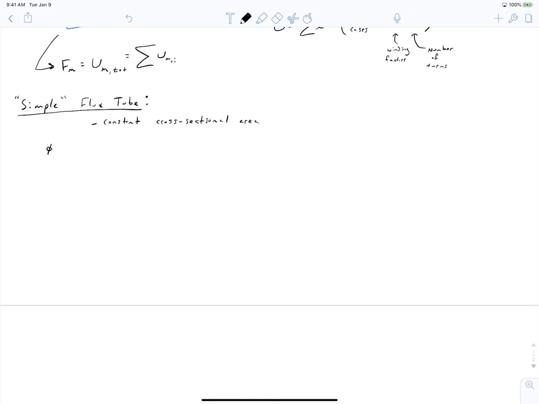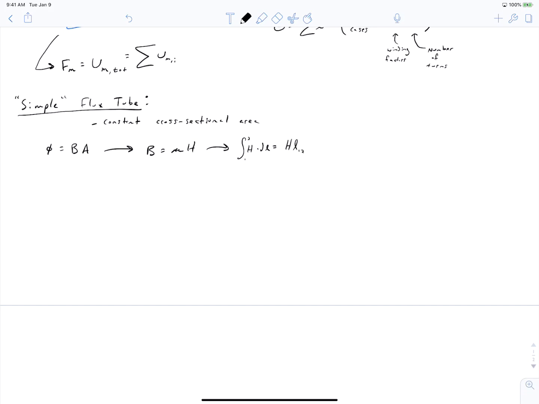In this case, we can relate our flux tube flux as being equal to B times A at any location, because there's only a single cross-sectional area A, and so throughout the flux tube, we can always find B by dividing phi by A. And we know that B is equal to mu times H, and we know that the integral of H dot dl is equal to H times the length of our flux tube.